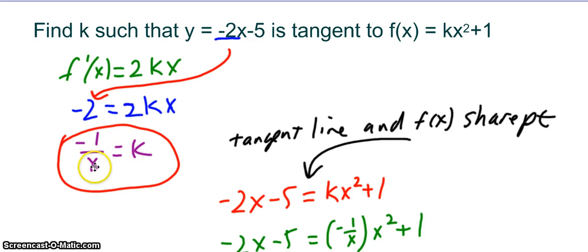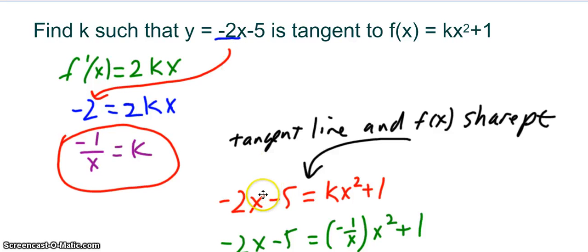So k equals -1 over x. What is my other relationship? This is what I was talking about, that it's the same as 2 examples ago: if this is the tangent line and this is the function, the tangent line has to intersect the function at the point of tangency. So they share a point, and therefore I can do a substitution to find where that point is.